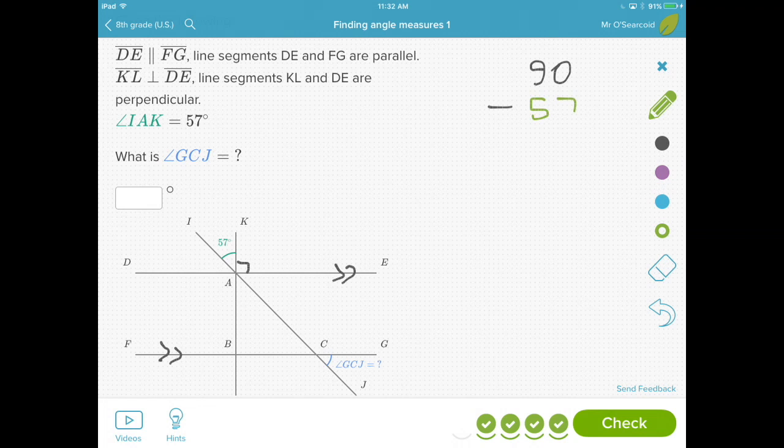So therefore we have a 90-degree angle to work with, and it means we can subtract this 57 degrees, and that will give us 33 degrees for the adjacent angle. Now we know also that this angle is vertical to the inside angle, which of course is a corresponding angle to the angle GCJ. So therefore the measure of the angle we're looking for is of course 33 degrees.